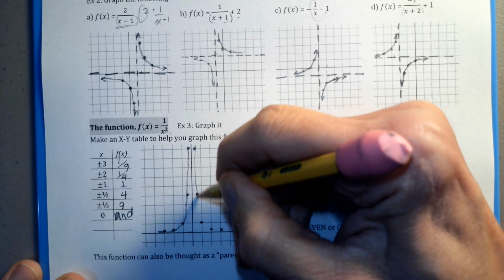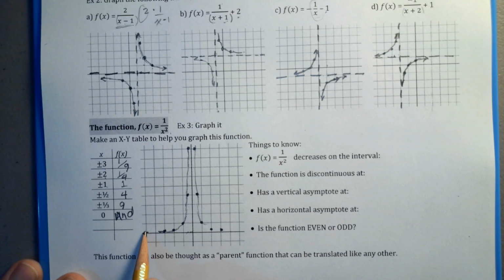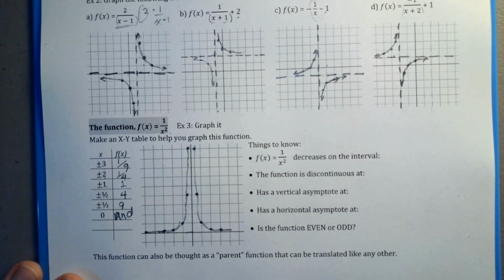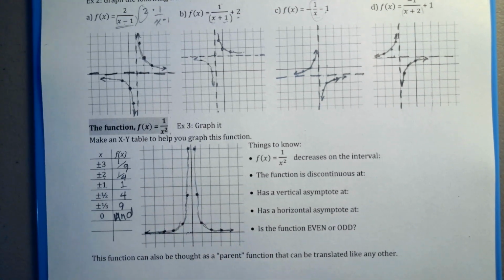If we plugged in a couple bigger values, say we plugged in 5, or negative 5, we would have 1/25. I mean, really close, right? So close that the line thickness is probably as much as a 1/25. So something like that is what we should do. And then just draw in arrows once you get past those points.